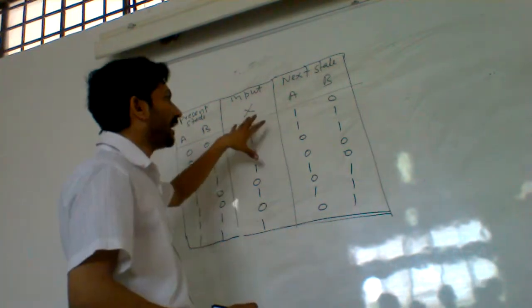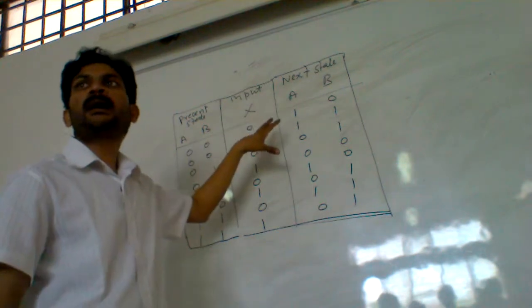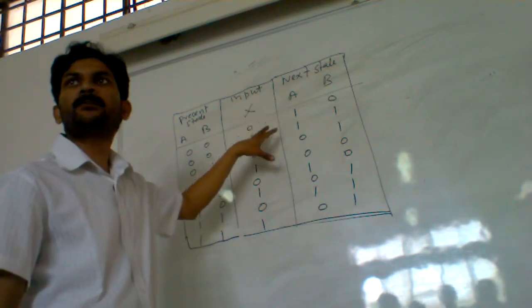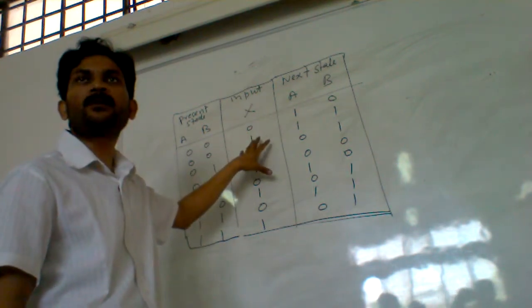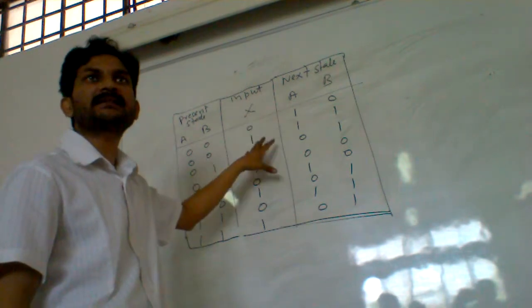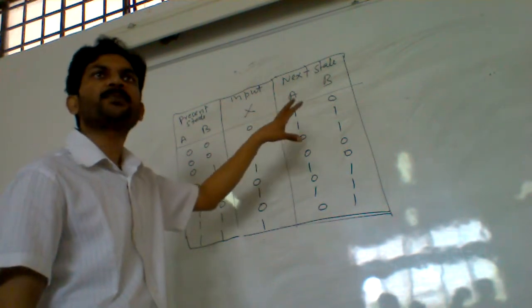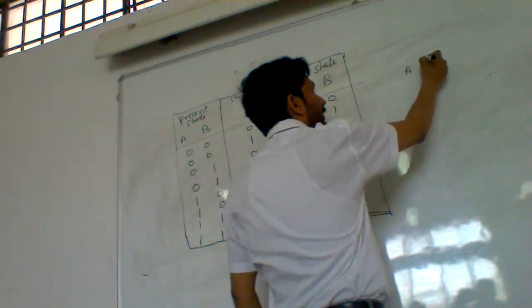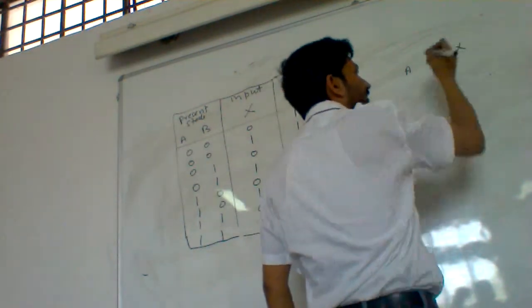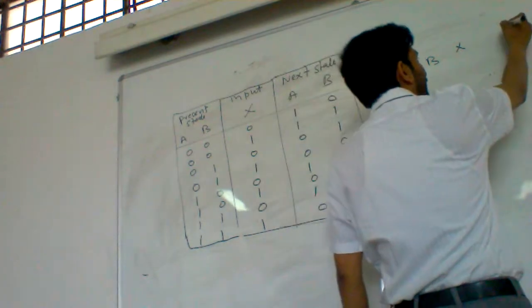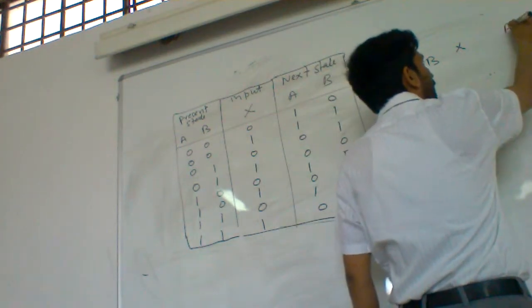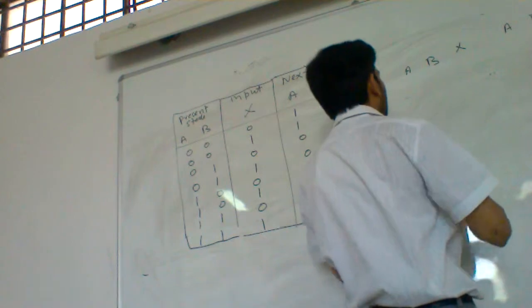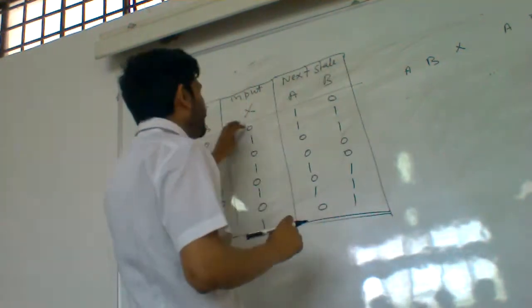So now you have to draw the excitation table from the given state table by using the excitation table of the JK flip-flop. So columns A, B, X as present state, the same here.